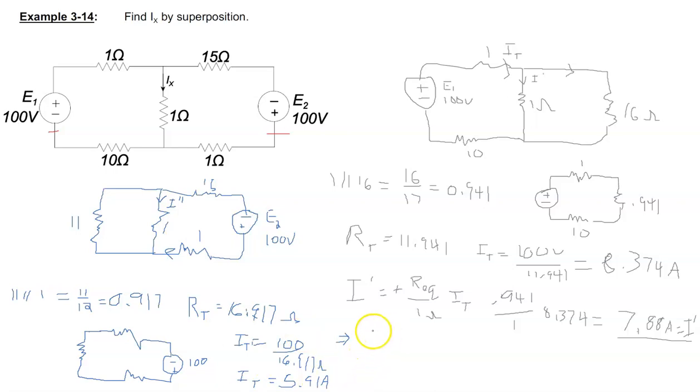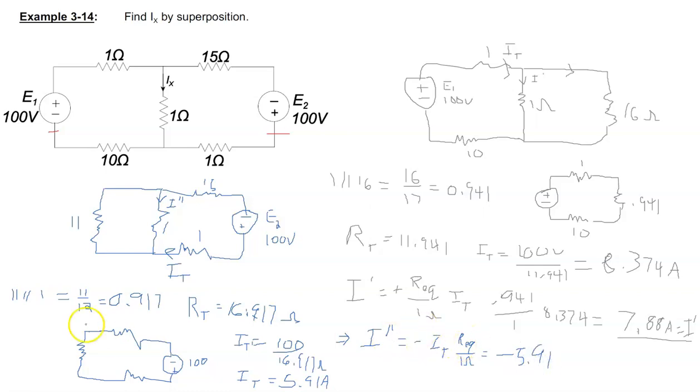And so remember then, by current division, I double prime is going to be equal to, the direction does not agree with IT here, right? And so that means we're going to put in a negative sign and our IT and REQ over 1 ohm. And so negative 5.91.